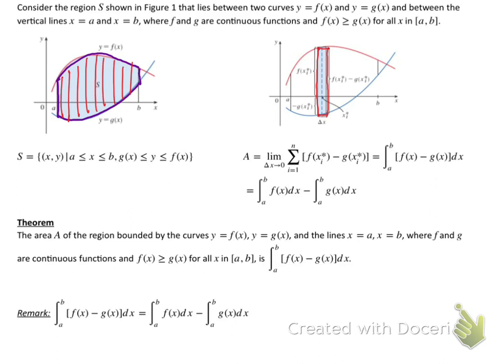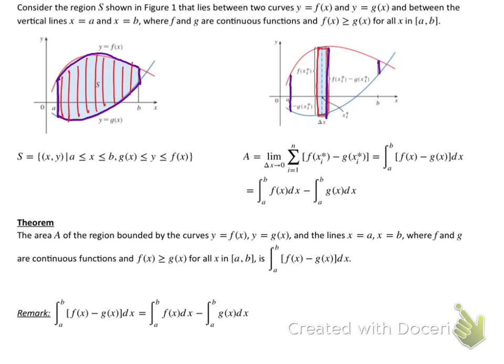The length here is pretty much f minus g at x star, and then the width will be delta x. So when you add all these stripes together, you get a Riemann sum, which is the integral from the lower bound of x, a, to the upper bound of x, b.